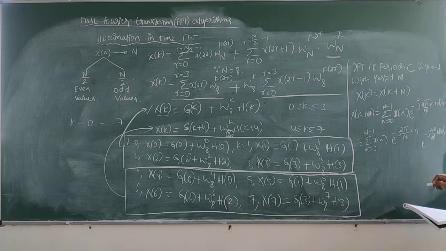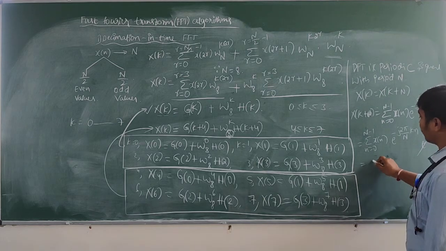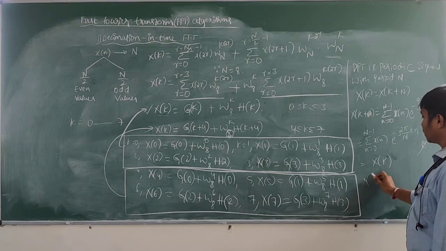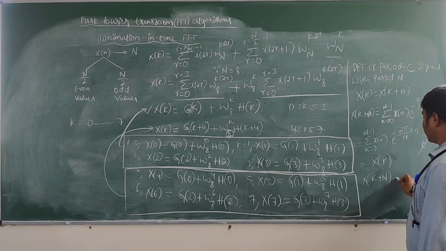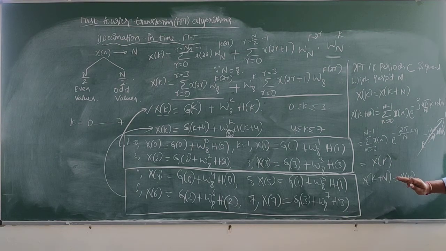Here the capital N gets cancelled, so this n is an integer. So for an integer multiple of e power minus j 2 pi, it becomes 1. Therefore this is the same as our DFT equation, so this can be written as X of k. What is there in LHS? We have X of k plus N is equal to X of k. So this is the periodicity of the DFT signal.